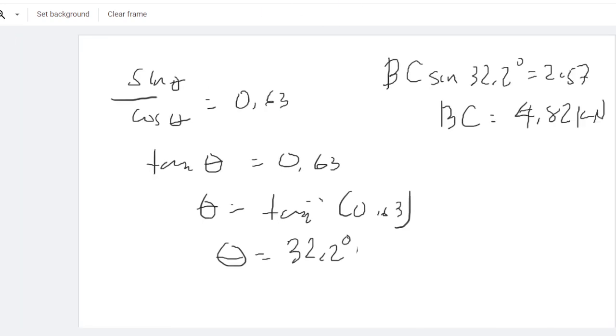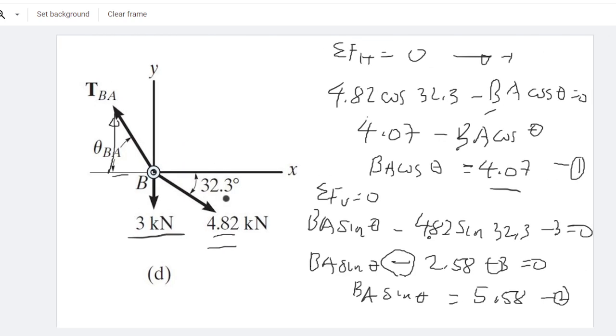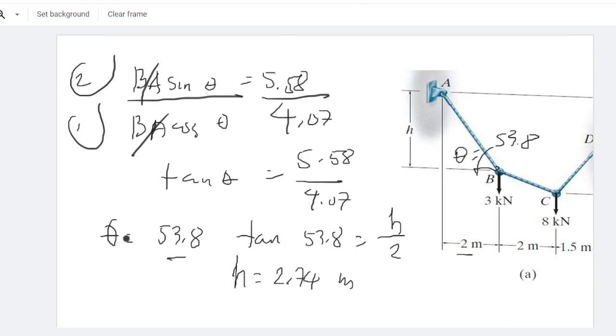From here we can have another angle at BA, for which we did the calculation, and from there we get the value of h.